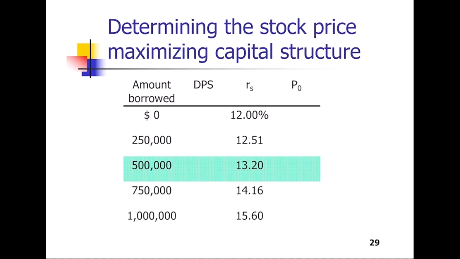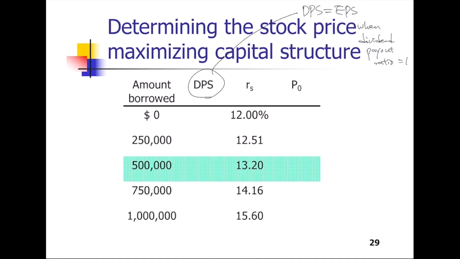We can calculate the stock price, right? So we assume DPS is the same with EPS, right? Because when dividend payout ratio equal to 1, right?